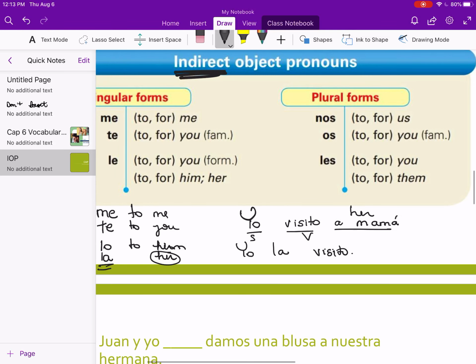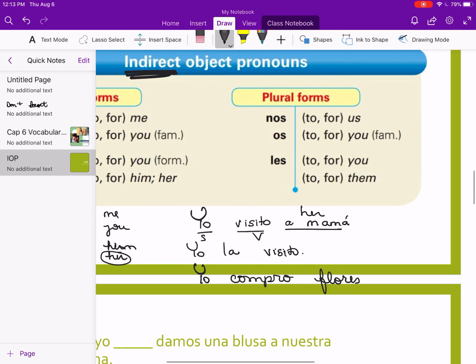Okay, here we're adding the third component to the sentence, and it's the indirect object, which is the indirect recipient of the action of the verb. If I say yo compro flores, that's not how you spell flores. Yo compro flores a mamá. Okay, compro. Here, visito. What do I visit?